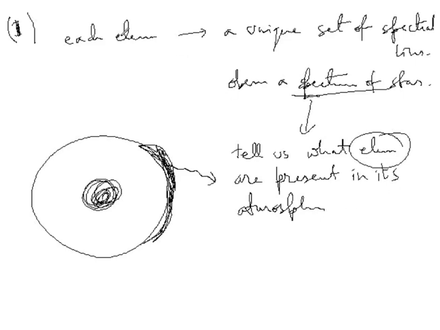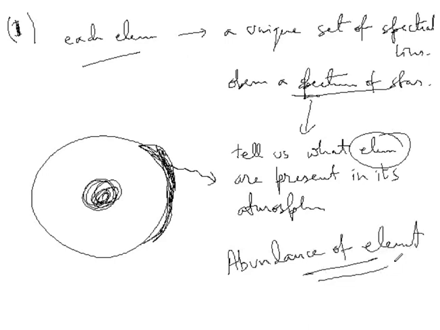So the first information that we get is the information about the abundance of elements. But remember that the absence of an element's spectral line does not necessarily mean that the element itself is absent. Why?